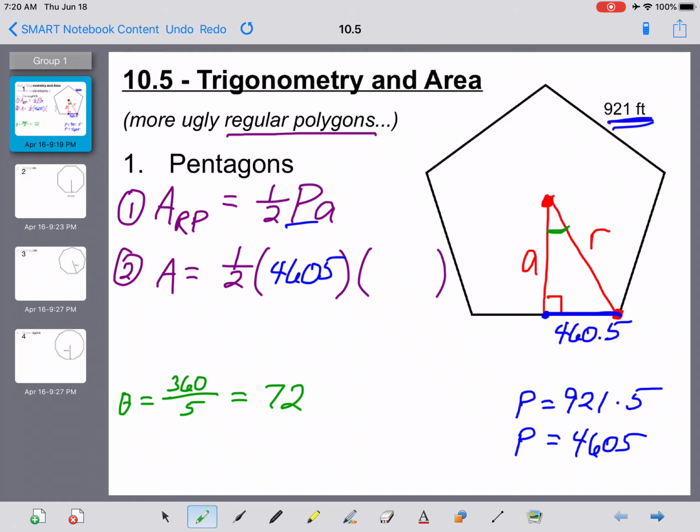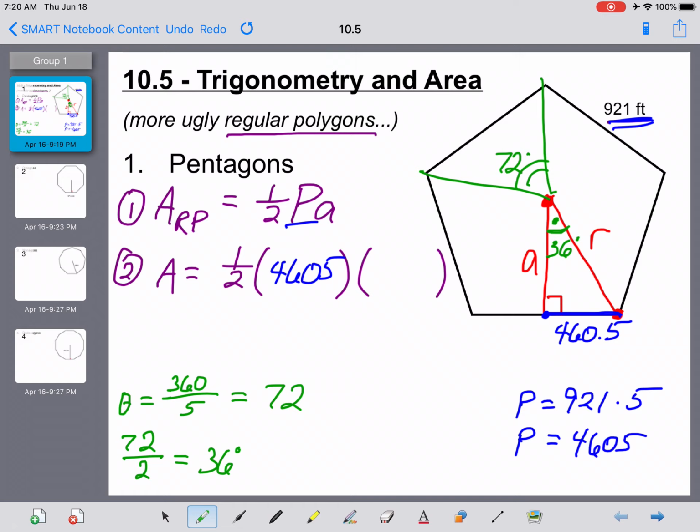Now that's the measure of one central angle. So from radius to radius, this angle here is 72 degrees. But the angle that we want right down here is half of one of those central angles. So if we take 72 divided by 2, that gets us a 36 degree angle right here.